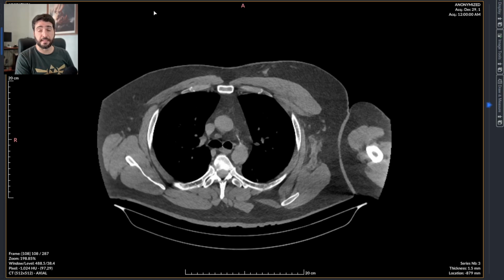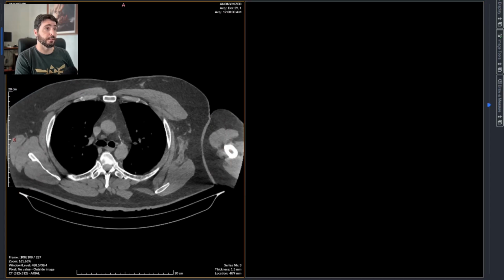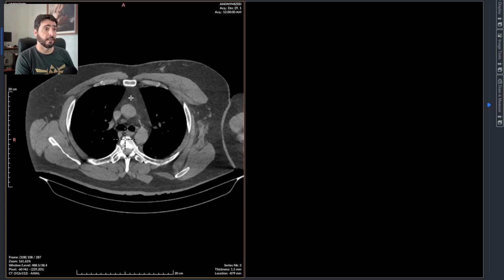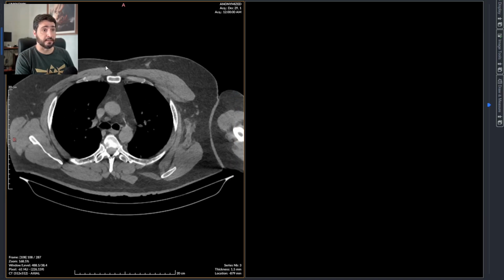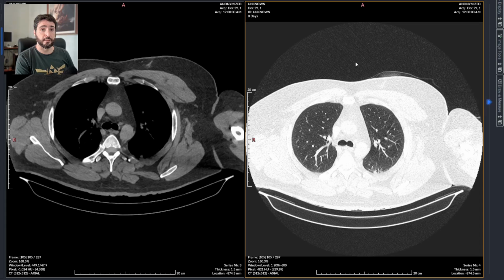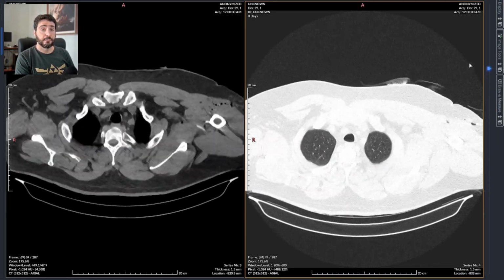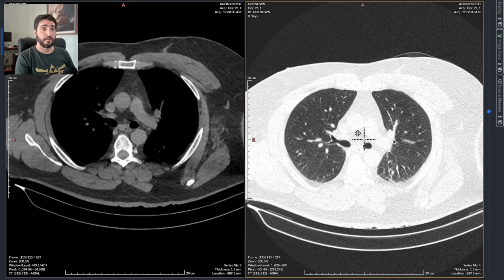We have to read the scan in at least 3 windows to be able to see such lesions. So let me set this up. This is a soft tissue window. I can make it a little bit darker so we can see more of the contrasting tissues. And this is a very contrasting, very narrow window that is better tailored to look for parenchymal lesions.